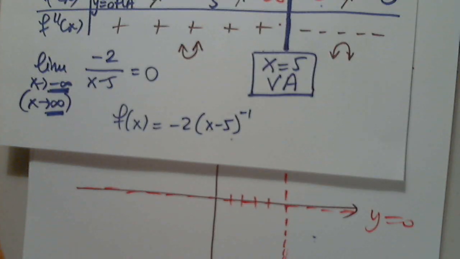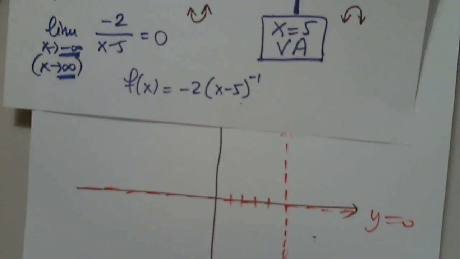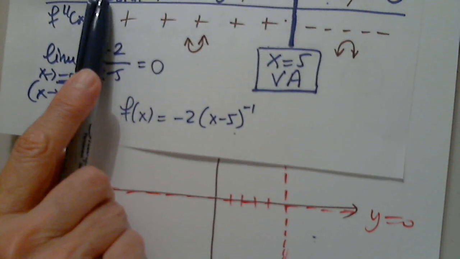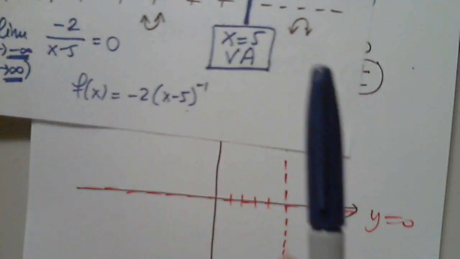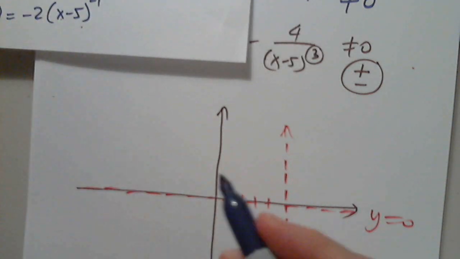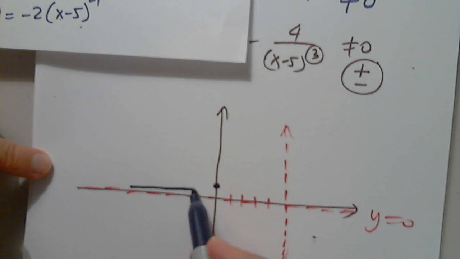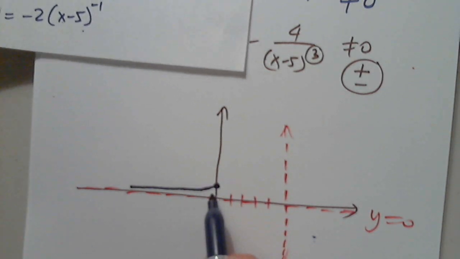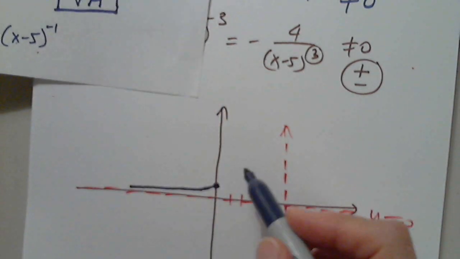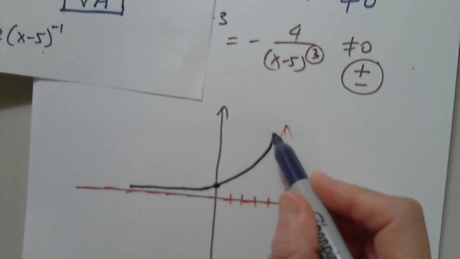And now I'm told this. From 0 up to 0.4, crossing the y-axis, going to infinity. Fine, no worries.